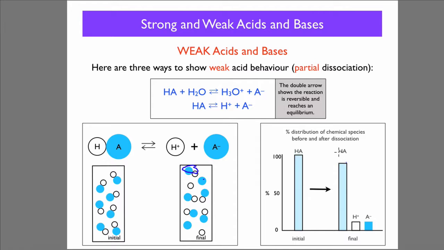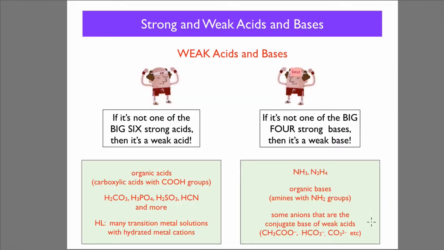Here you'd have mainly molecules, and you've got some of the ions. So you've got some hydrogen ions free there to act as an acid, or these would be acting as a base.